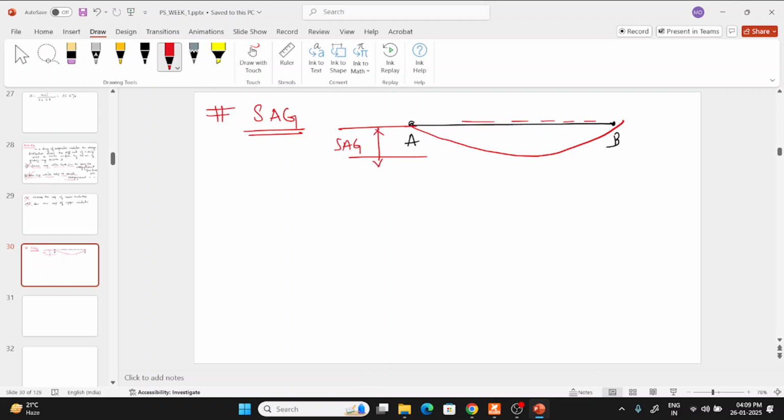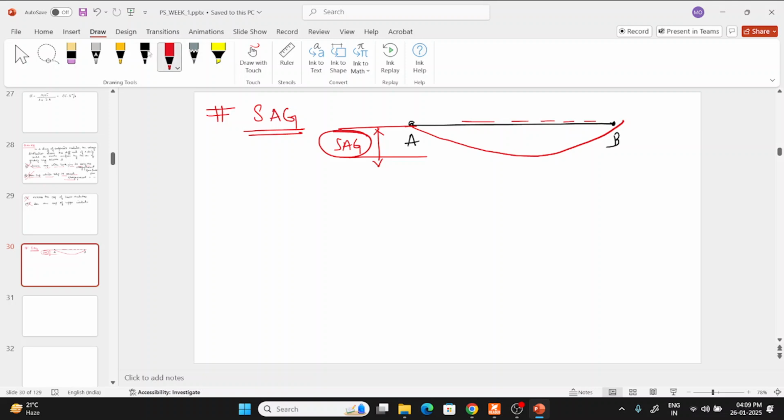And why does it happen? The reason is, due to the weight, it will bend under the effect of gravity. I'm not going to calculate the formula for the sag; you must have gone through it. So actually, there are two types of sag. First, A and B are on an equal level.